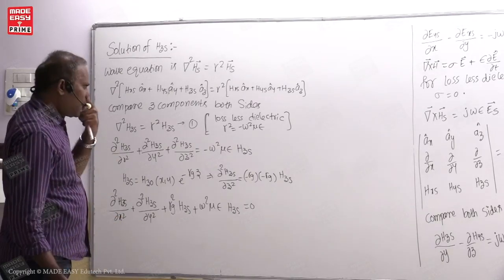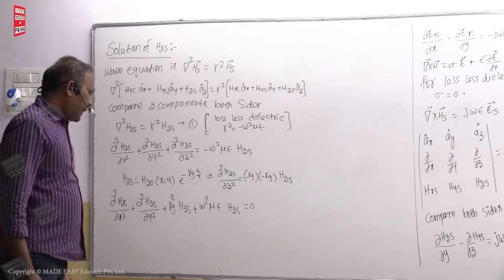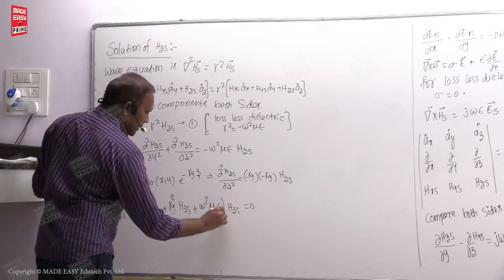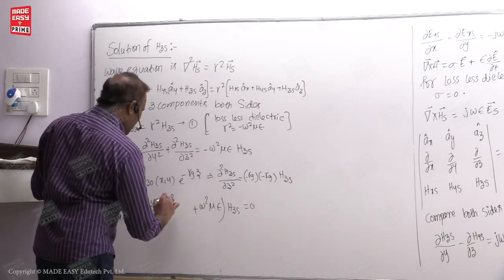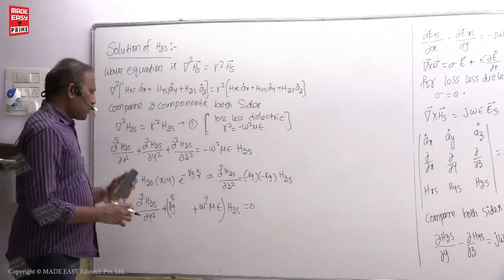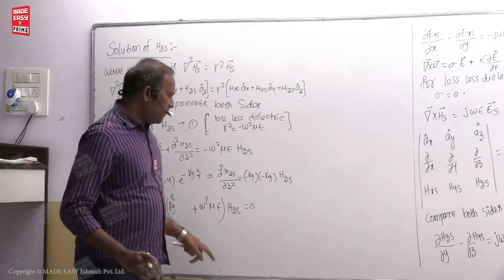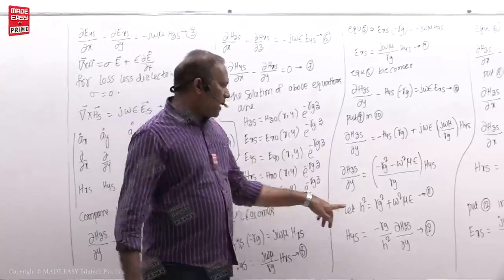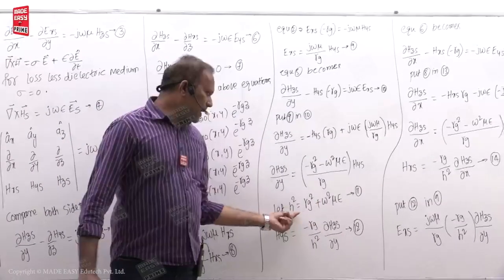Here somewhere you can see, can I take Hzs common from both of them? So I can write gamma g square, this one. So gamma g square plus omega square mu epsilon, you can see here, is taken as h square.